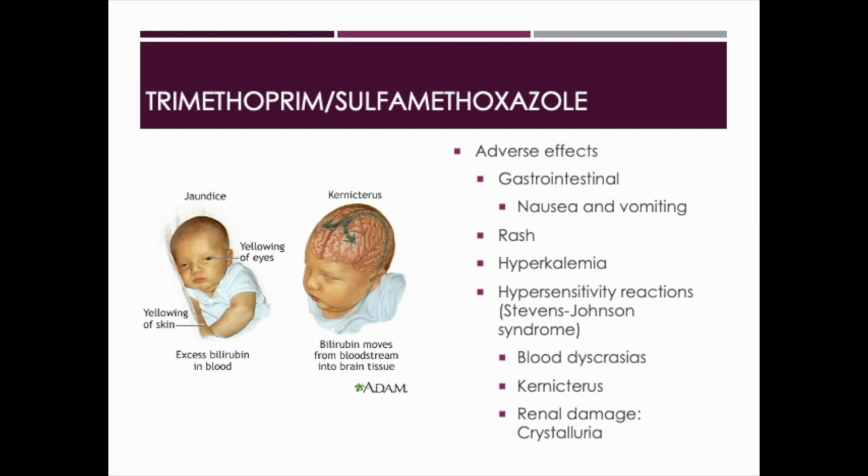And with trimethoprim in combination, just like by itself, we're worried about megaloblastic anemias, especially in patients that already have a folate deficiency. We're looking for hyperkalemia in patients that are taking this in high doses or have renal impairment or are on drugs that can raise potassium levels, which we discussed previously.